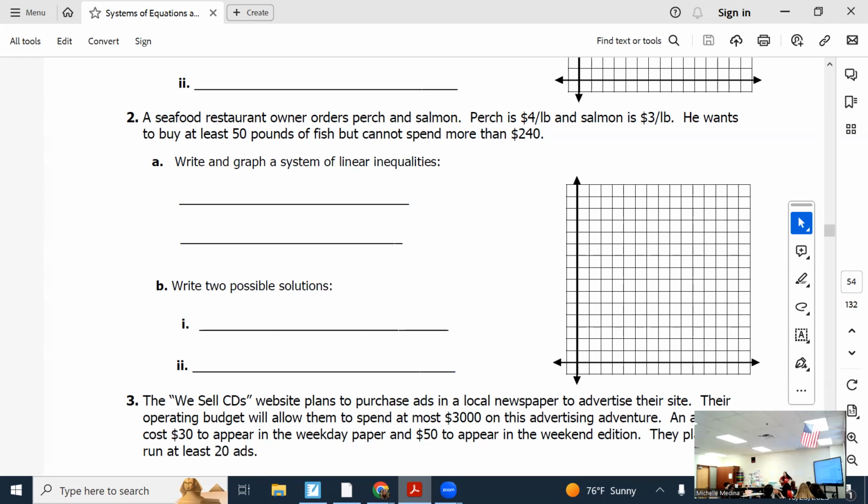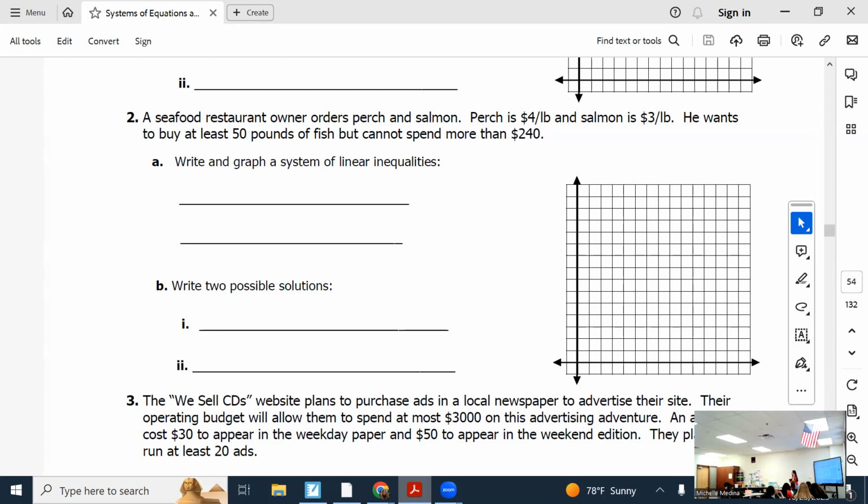What's the minimum requirement for it to be a system? 2. All right, and in this level of your math, you're only going to look at when it's 2, not more. But it would need at least 2 to make it a system. So we're talking about linear inequalities. We're going to have 2 separate inequalities that represent what's going on.